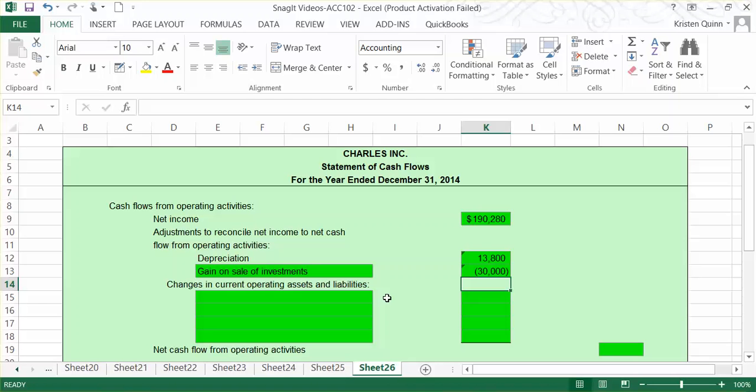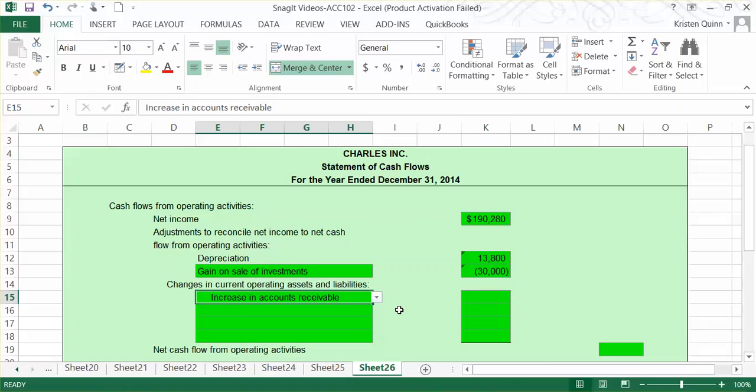So we have an increase in accounts receivable. Remember, we need to figure out what that increase does to our cash. The more sales we do on account, the less cash we are collecting. Therefore, an increase in accounts receivable has a negative impact on our cash flow.